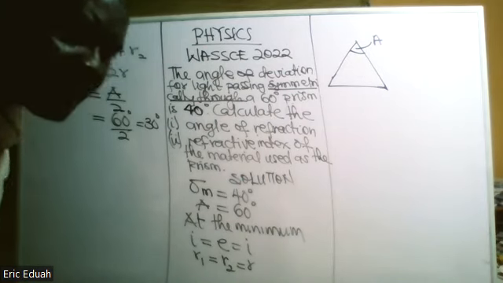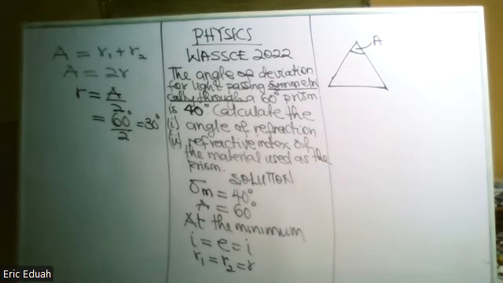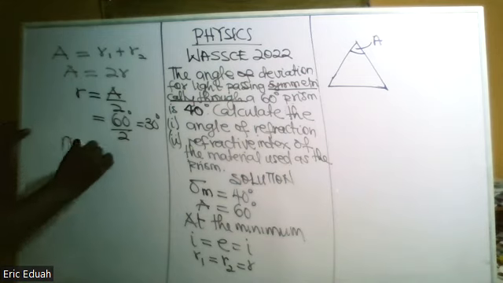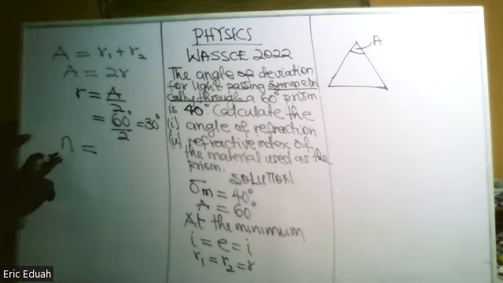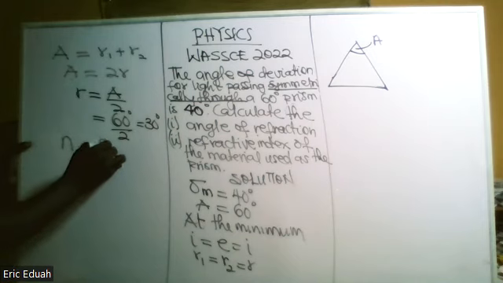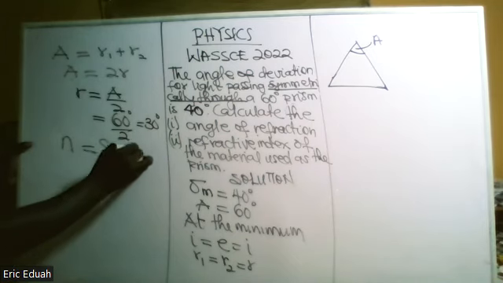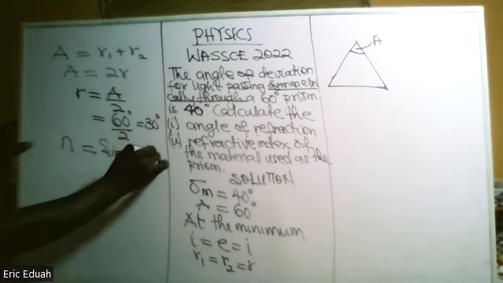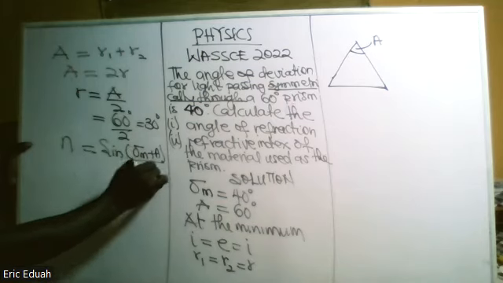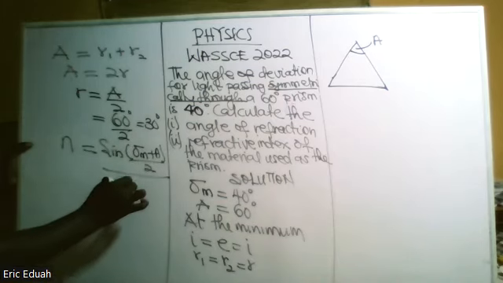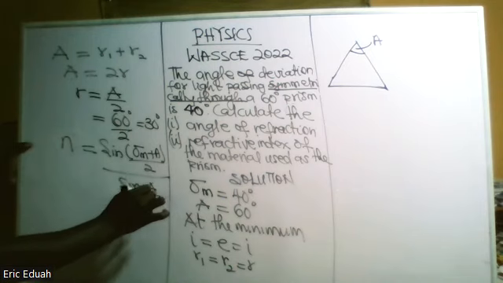Now, the refractive index of the material used as the prism. If it's about the refractive index, then don't forget we derived that the refractive index, either nu or mu, is equal to sine of sigma m plus A over 2 over sine of A over 2.